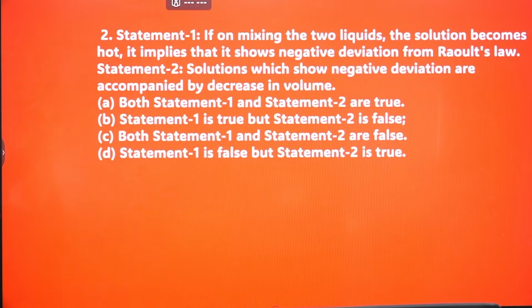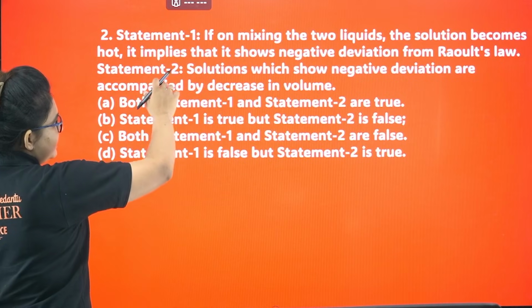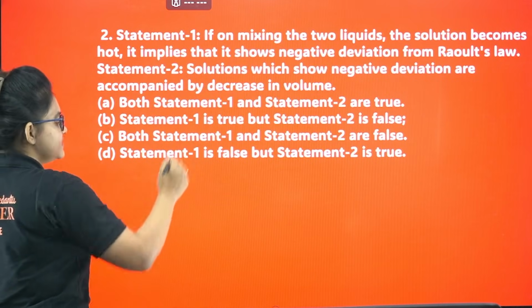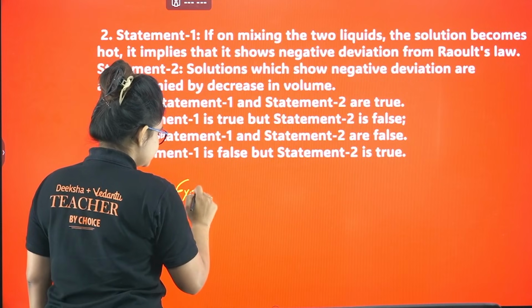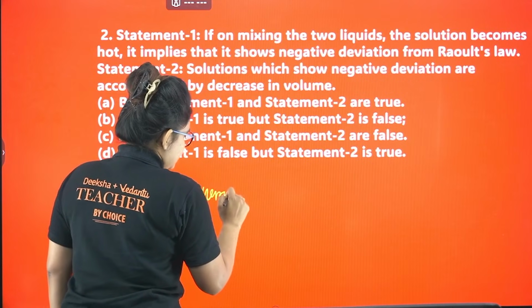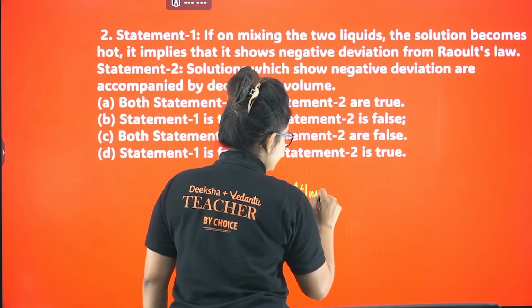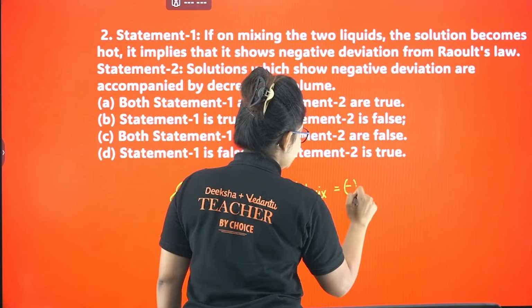Let's proceed. Here you can see, if on mixing 2 liquids the solution becomes hot, it implies that it shows negative deviation from Raoult's law. So yes, if it is hot, means it is exothermic, right? And exothermic indicates delta H mix value negative.